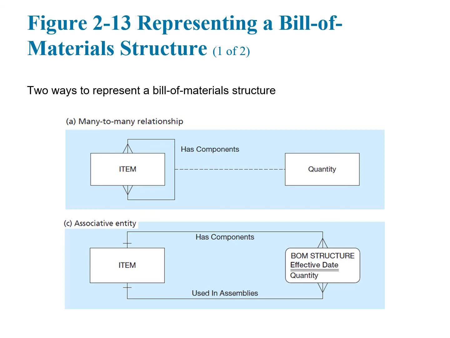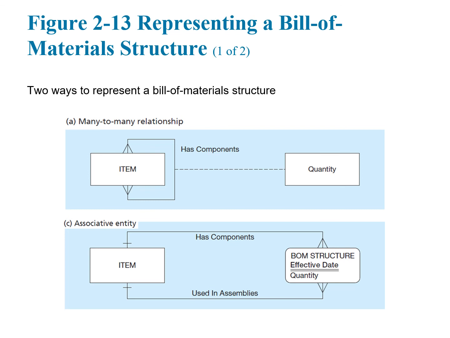Figure 2-13, representing a bill of material structure. Two ways to represent a bill of material structure. Many-to-many relationship. Item has component. Associative entity, used in assembly, has component in A and C. We see another contrast of using a relationship with attribute versus an associative entity.